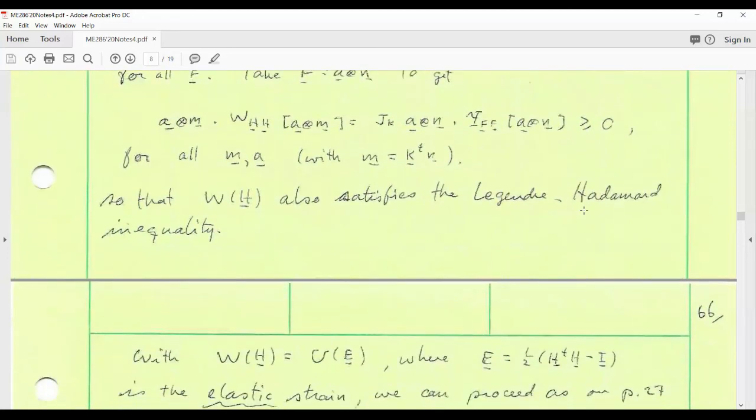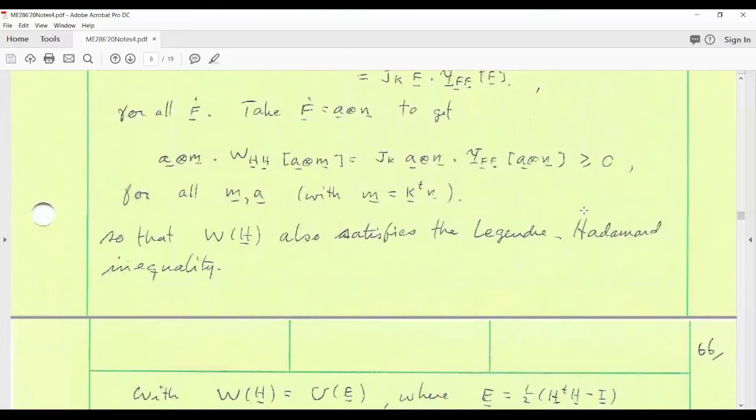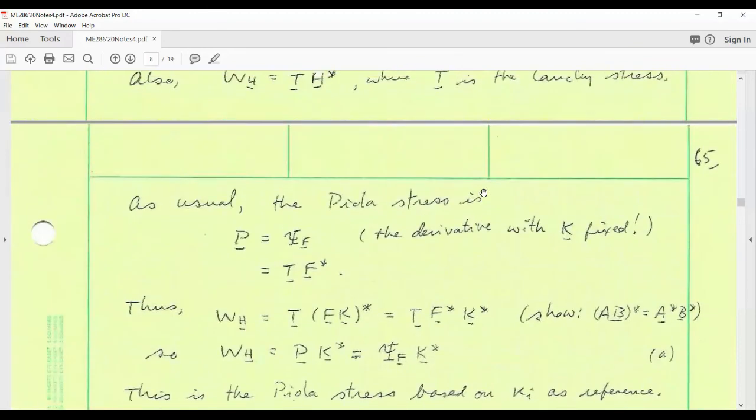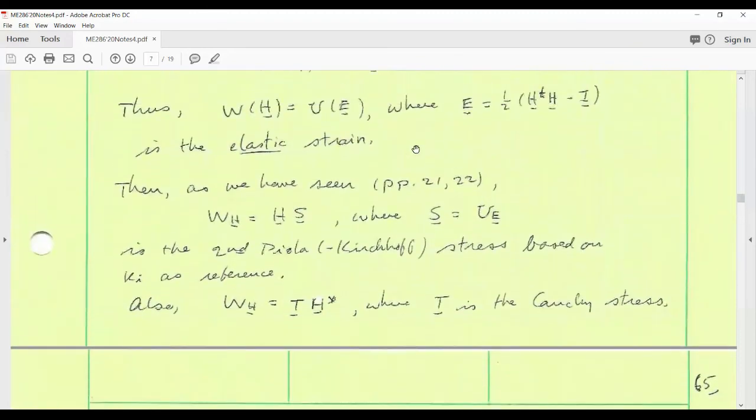Okay? So we'll pick this up next time to discuss a realistic restriction that we should put on the function W of H, or equivalently on the function U as a function of the elastic strain. Okay, let's stop there for today.